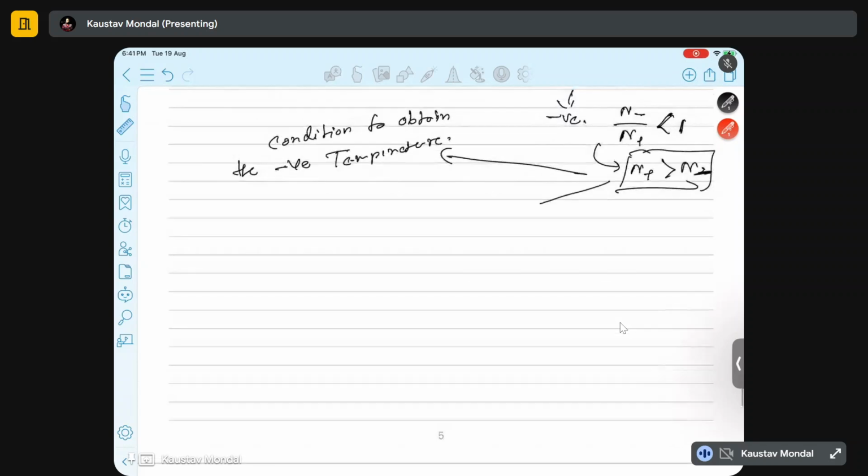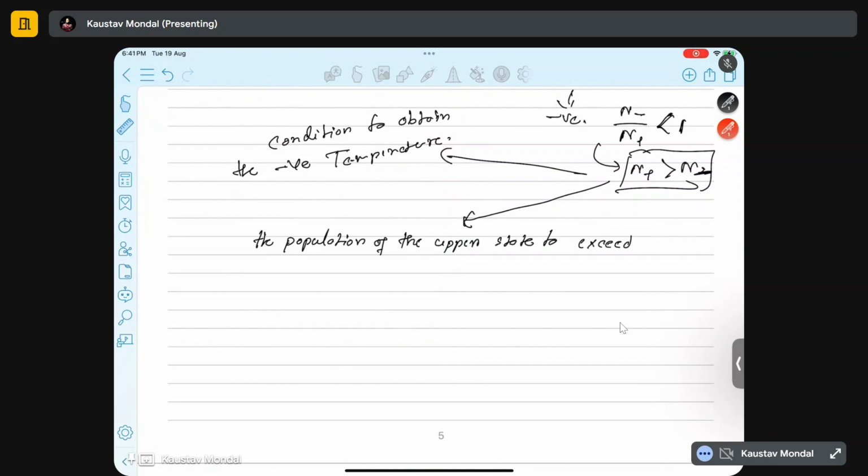So this physically means that for the population of the upper state to exceed that of the lower state, the temperature must have a negative value.